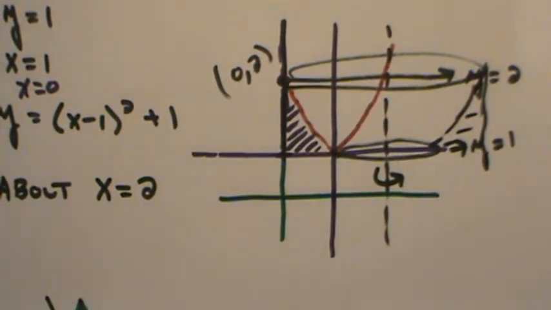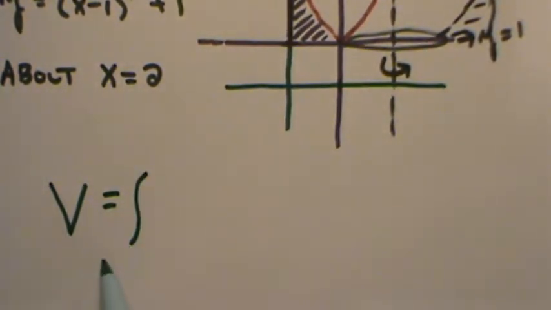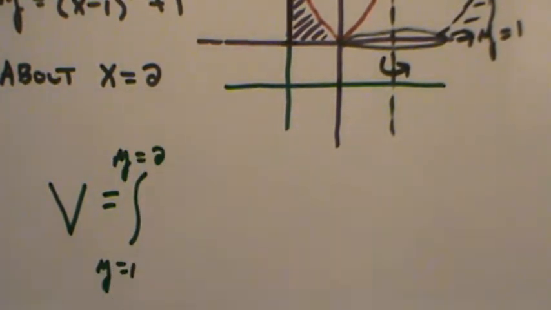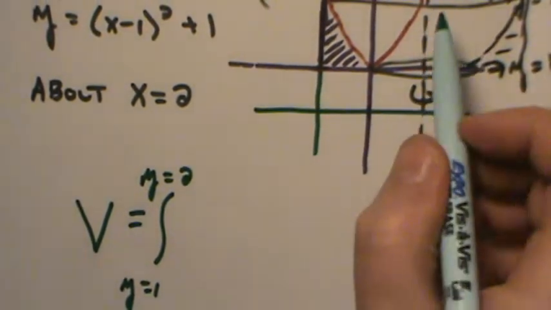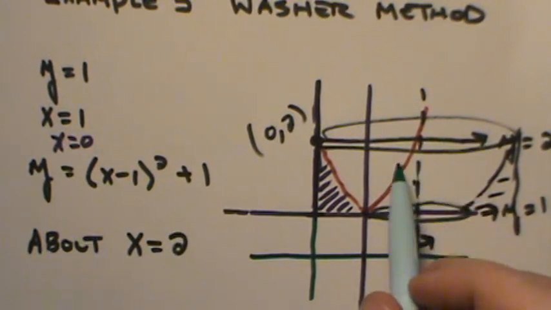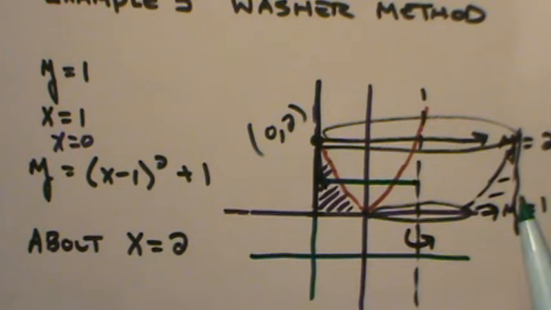I can say my volume will equal the integral from y equals 1 to y equals 2. And now I have to figure out the nearest and farthest radii. So if I'm here, the farthest distance I'm going out is to there.